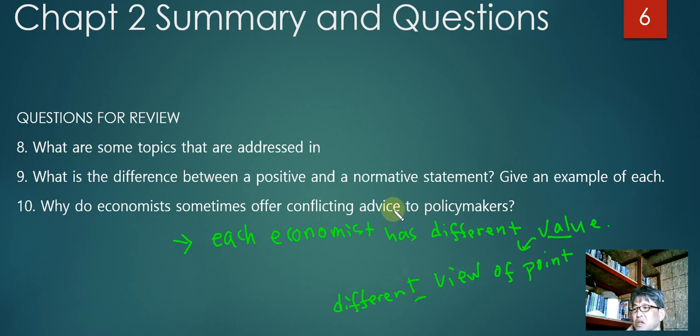That's the reason why economists sometimes offer competing advice to policymakers, meaning they are arguing, because they have a different point of view. So each economist has a different viewpoint, right? Okay, so let's go to the next step then.